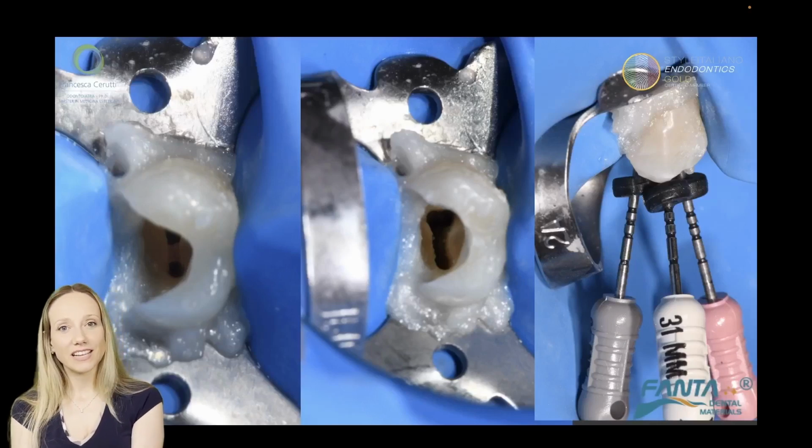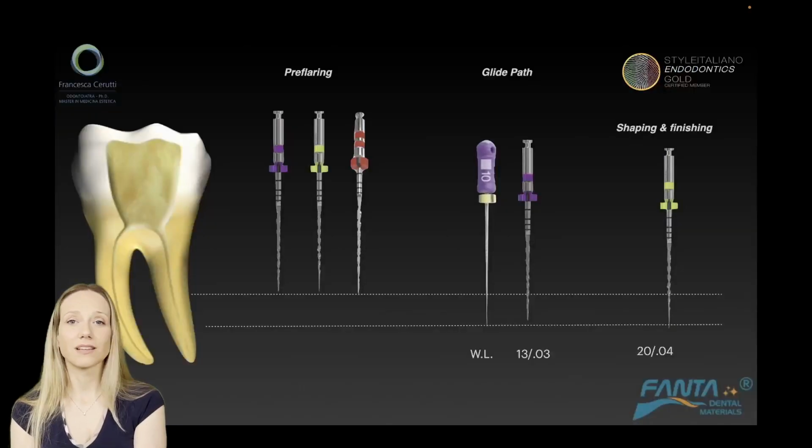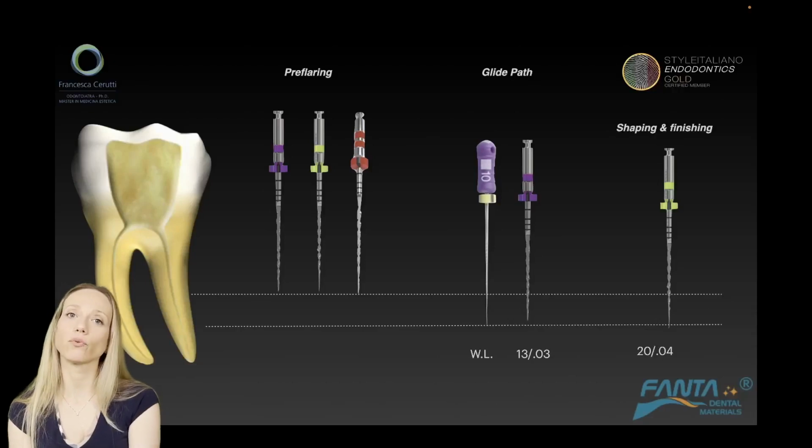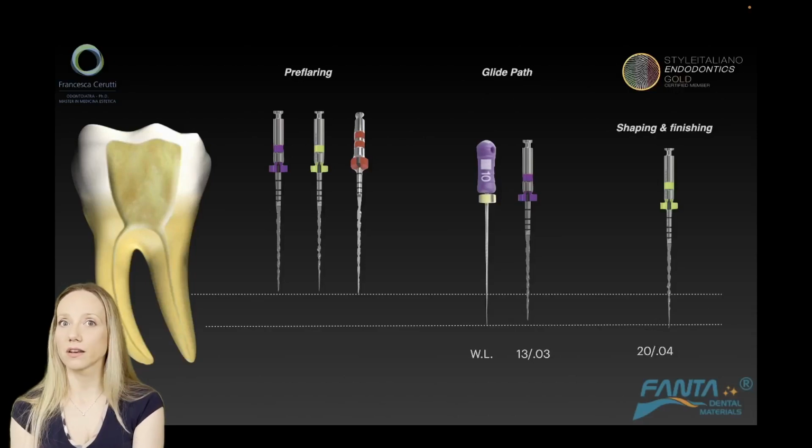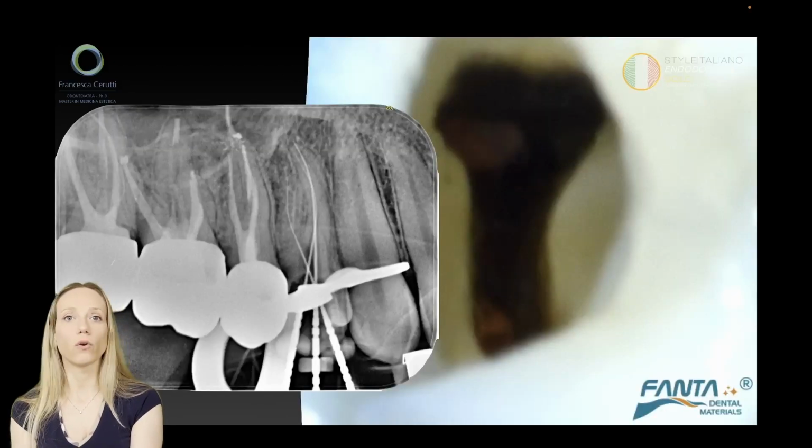So I corrected the access cavity. As you can see in the second picture, it is triangular, T-shaped as an access cavity, and you see there were 3 root canals. Same sequence as before, but I stopped at the 2004 because the roots were extremely thin and I did not want to over-enlarge or to break a file.